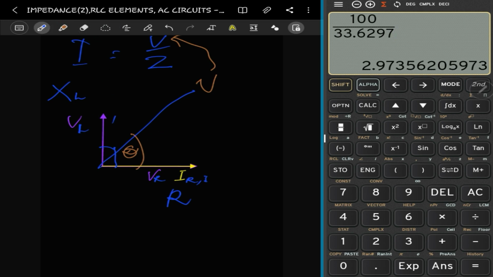The whole of the inductive part is here, and for that side we have the XL and the VL. The current is here for both of them, and for the resistor we have the VR and the R here. So this is the whole thing for the circuit.